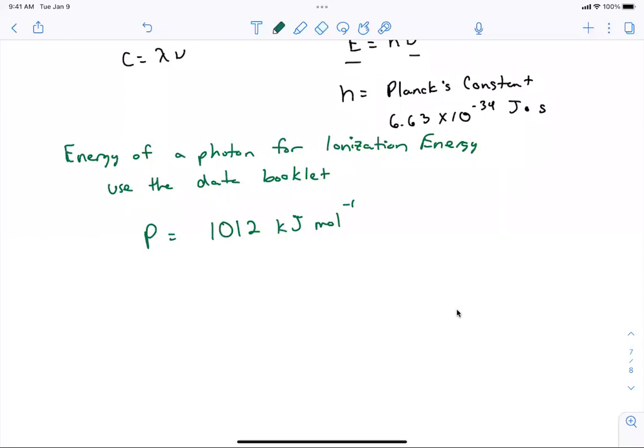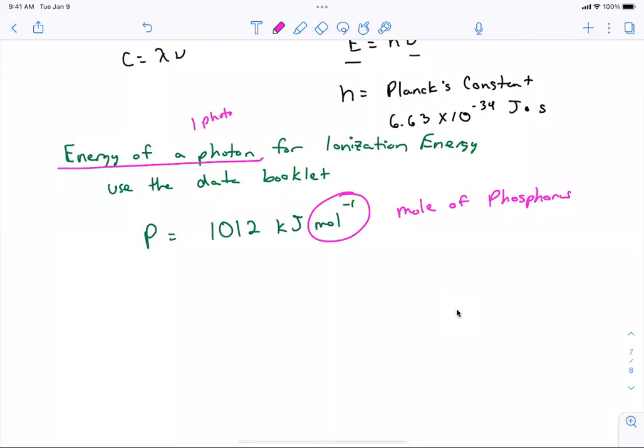The thing is, though, the problem is this is per mole of phosphorus. And they don't want a mole of photons, they want one photon to one atom of phosphorus.